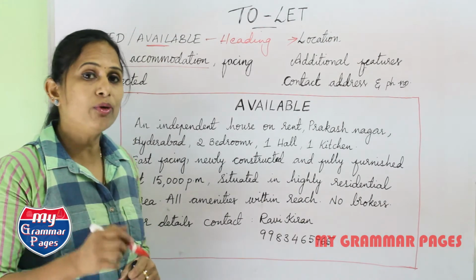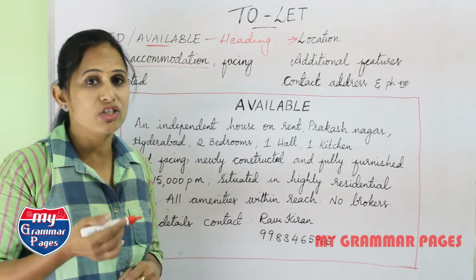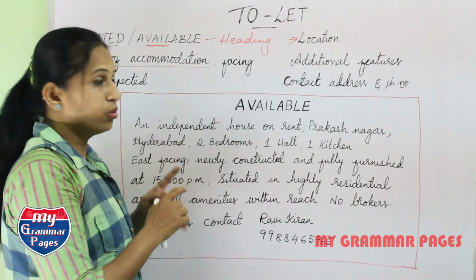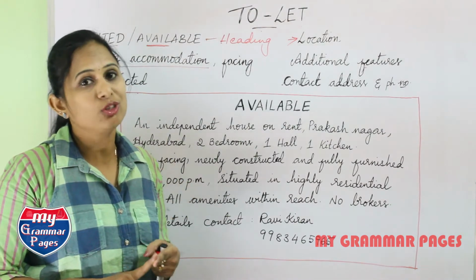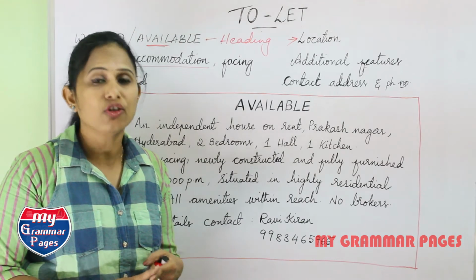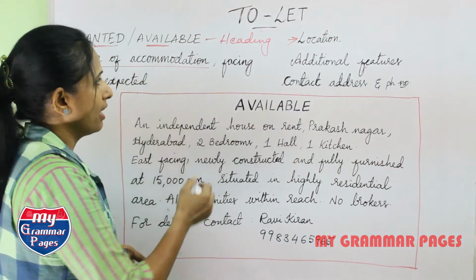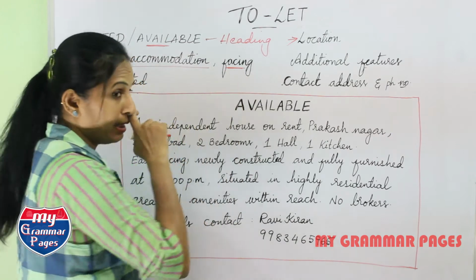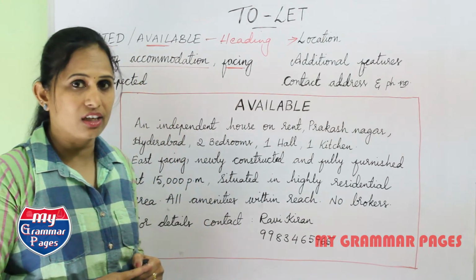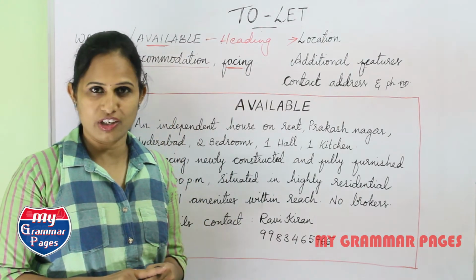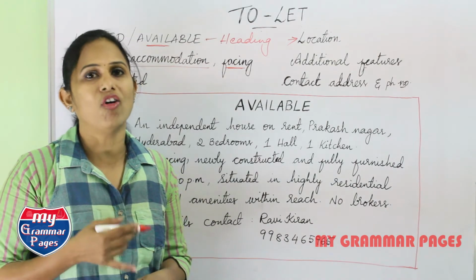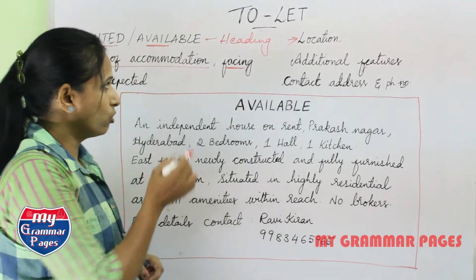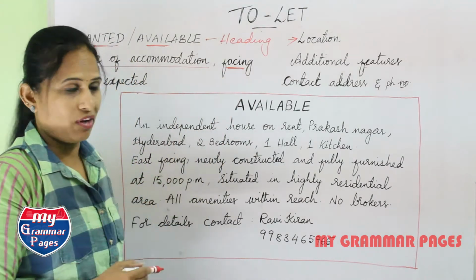If you are talking about a residential home or house, you need to mention the type of accommodation, whether it is 2 BHK, a flat or an independent house. And you have to mention even the vastu, the facing. Many people are very particular about the facing. Mostly they prefer either the east facing or the northeast facing. So you need to definitely mention the facing.